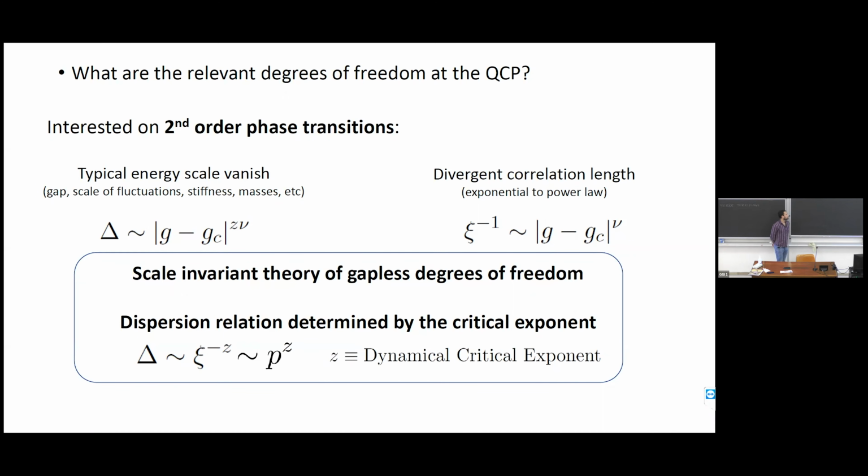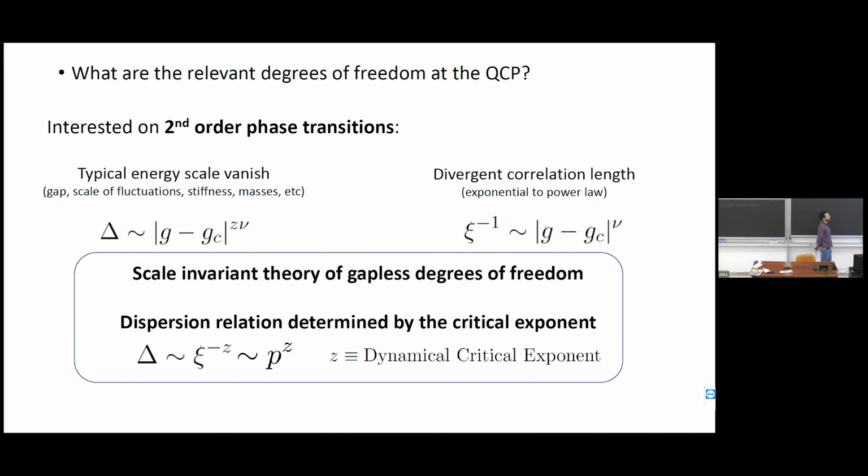In particular, we know that there's a typical energy scale associated with quantum fluctuations over the ground state. Depending on the model at hand, it may have many realizations, but what we know for sure is that it has to vanish with some prescribed power law, depending on some universal exponents at the critical point.